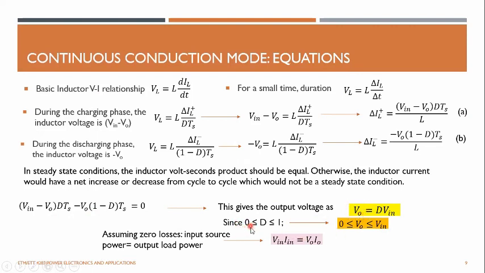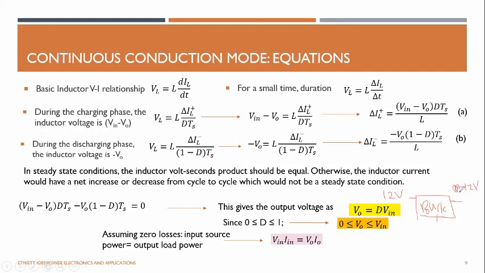As we know, the duty cycle is from 0 to 1. So the output voltage can be controlled from 0 to the supply voltage, right? Which means if you take a buck converter and say you have a 12 volt supply, then by using any duty cycle, you can get the output voltage from 0 to 12 volt.